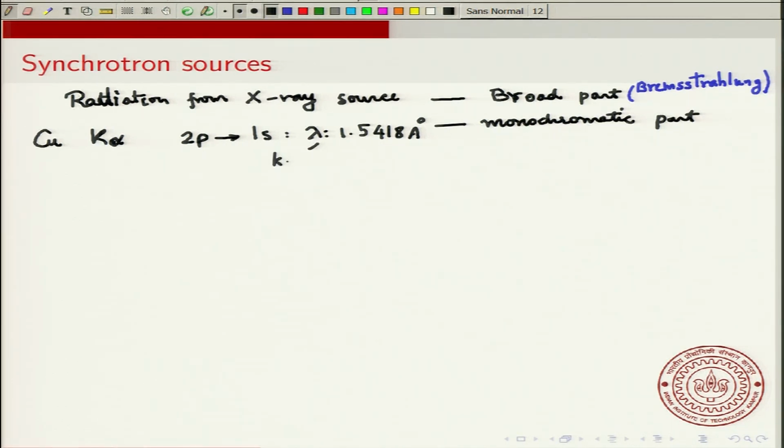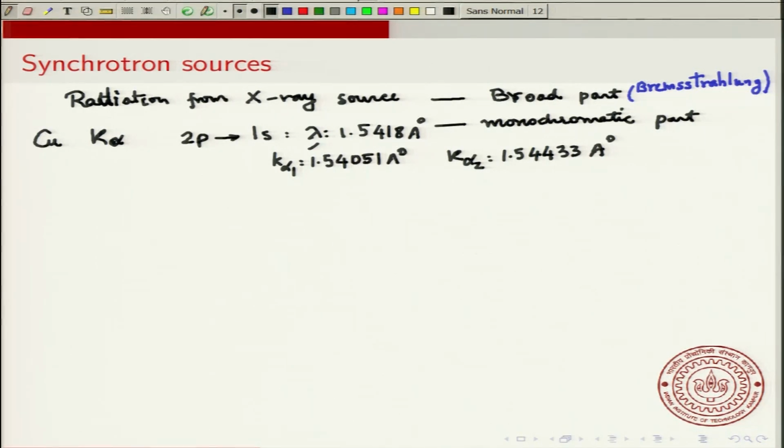There is K alpha 1, which is 1.54051 angstroms, and K alpha 2, which is 1.54433 angstroms.